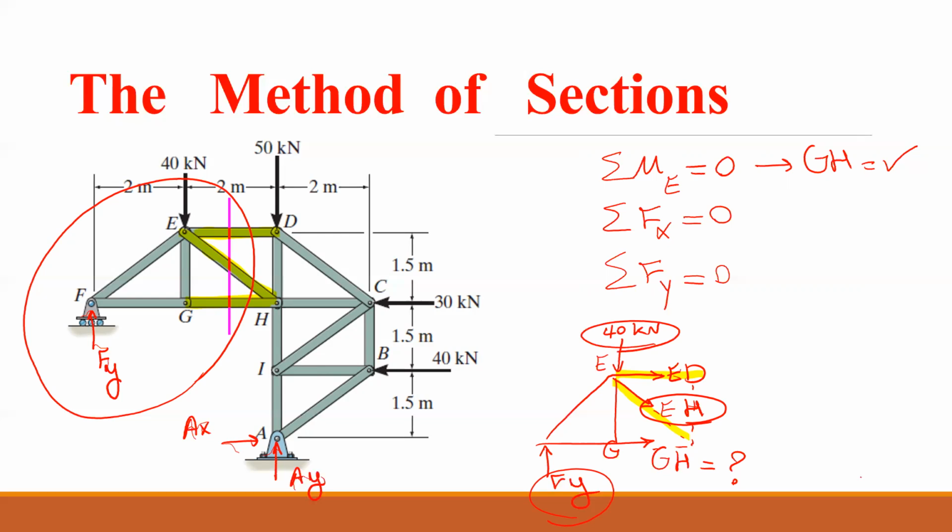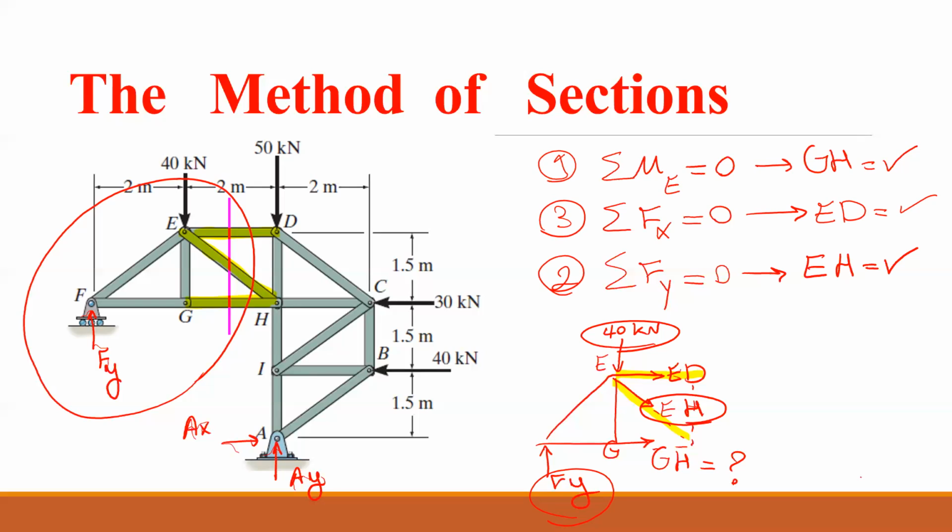So that's all we have for the Fy direction. So from here, I can find the internal force in EH, right? We solved this problem in the previous lecture. After we find this one, we can find the last member, which is ED, from sum of Fx equals 0. So this is equation 1, this is equation 2, and this is equation 3 to find 3 unknowns.